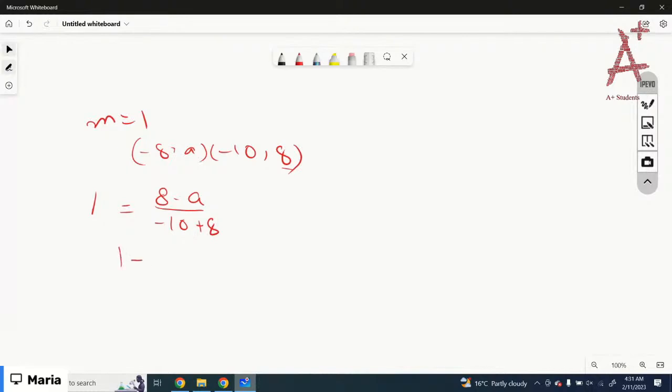Got it? So it would be 1 equals 8 minus a over negative 10 plus 8, which is negative 2. It would be then just to multiply both sides by negative 2. It would be negative 2 equals this, so we cancel out, you're left with 8 minus a. Got it? So you can subtract 8 both sides.